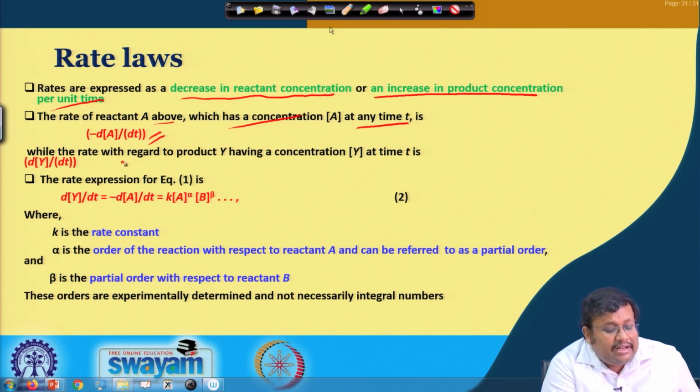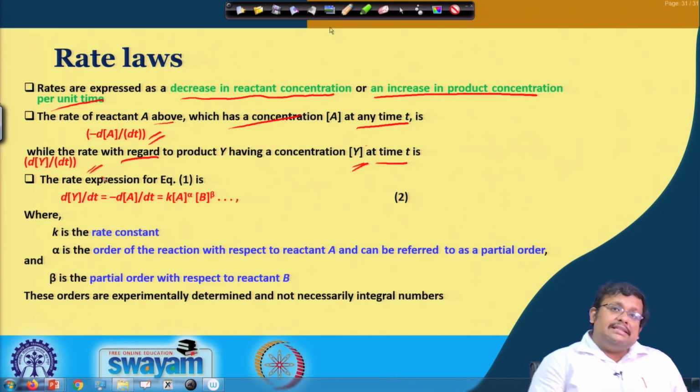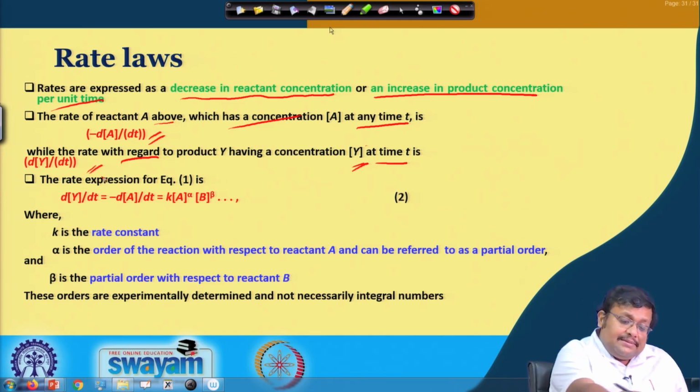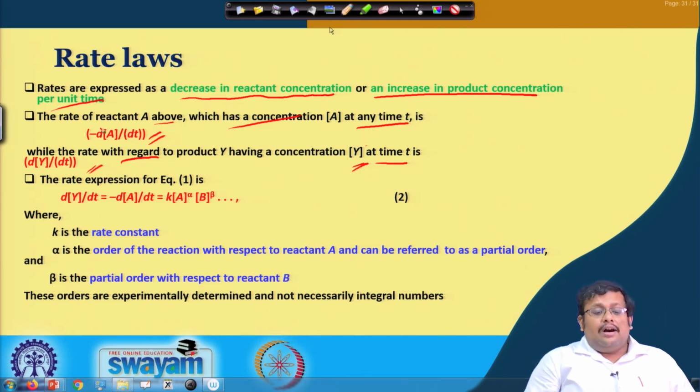While the rate with which the product Y is generated, having a concentration Y bracket at time t, is basically plus dY by dt, because this is an increase showing the positive sign, and the negative sign shows the decrease in the reactant concentration.